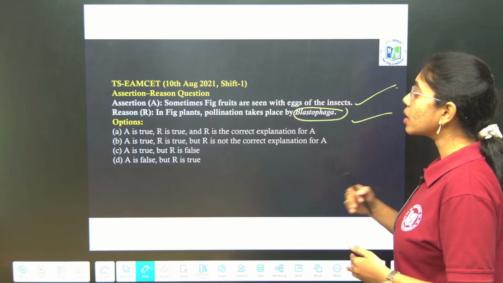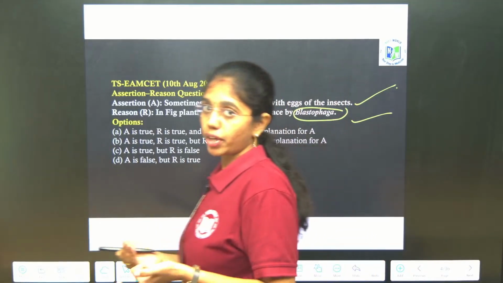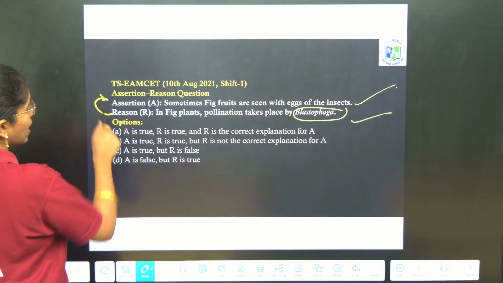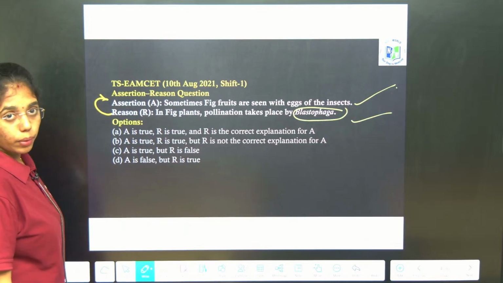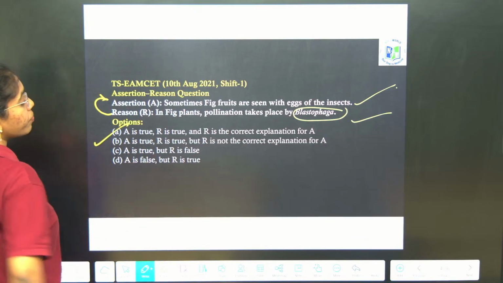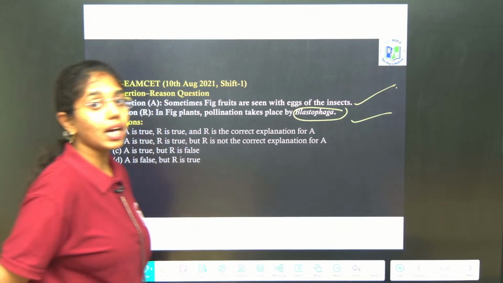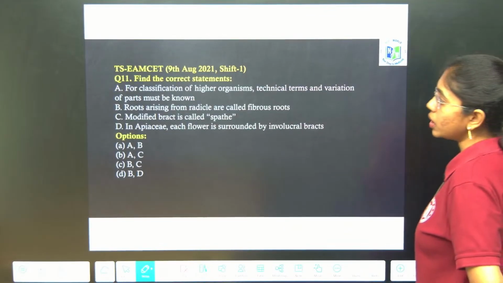In reason, it is clearly explained which insect is pollinating the fig plant. So, here A and R are true and R is explaining assertion. How fig plants will be pollinated is explained in the reason. So, here what answer you will choose, ma? A is true and reason is true. Reason is the correct explanation of assertion. Next, you see this question.